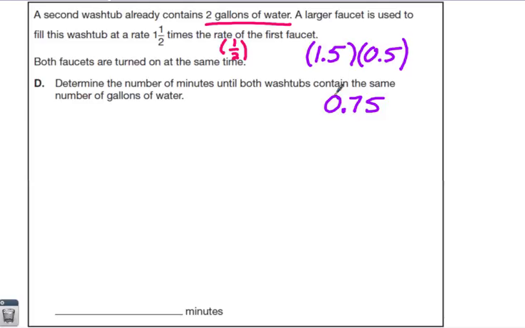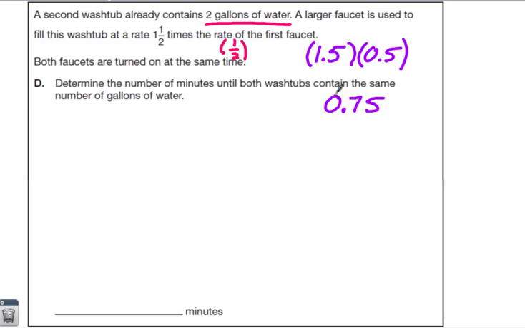What are they asking for? They say both faucets are turned on at the same time. Determine the number of minutes until both wash tubs contain the same number of gallons. Well, one strategy you can do is make a minute by minute tally.